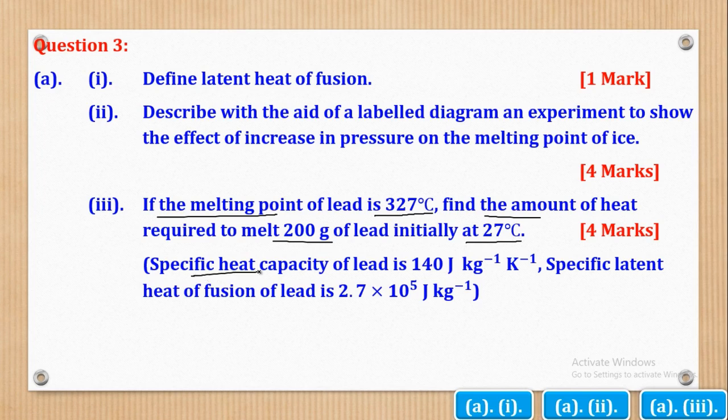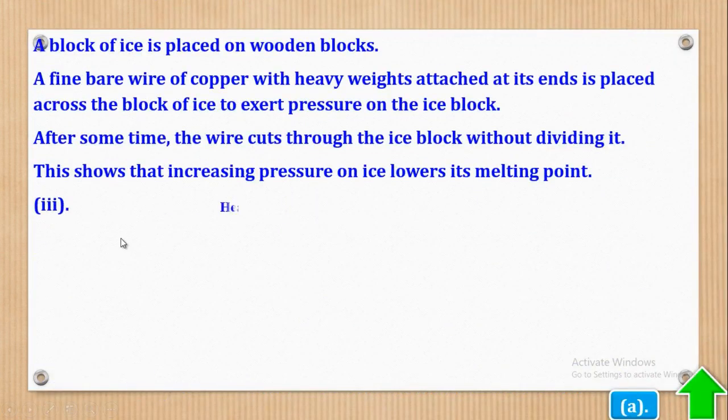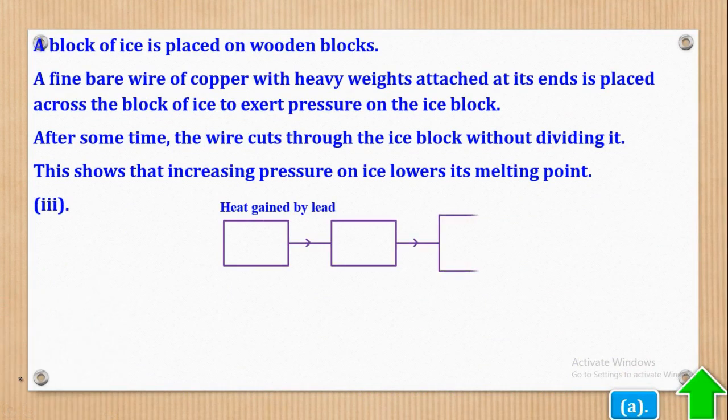Then they give you the constants. Specific heat capacity of lead is 140 joules per kilogram per Kelvin, and specific latent heat of fusion of lead is 2.7 × 10^5 joules per kilogram. So here it is easier if we first make a sketch of what has happened.